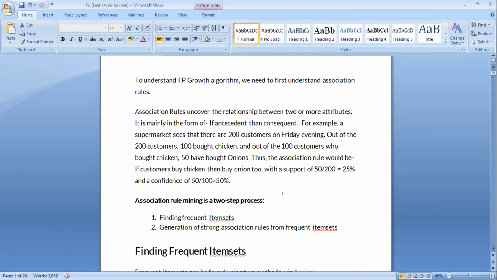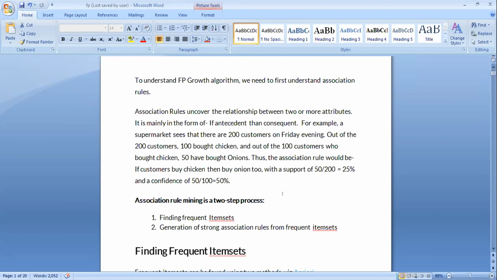And for confidence, 100 people bought the chicken, and 50 of them bought onions also. So we can say the confidence is 50%. This is association rule mining with support and confidence.